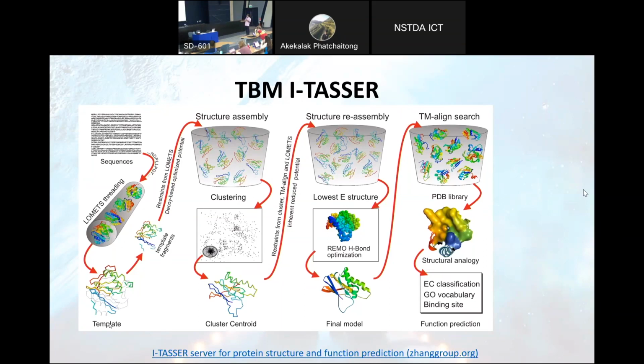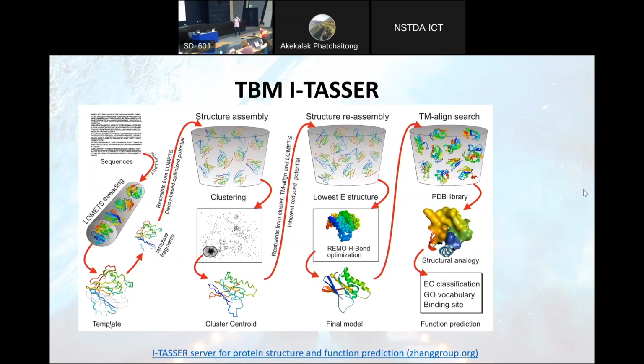If there is a big cluster with similar structure, then that's probably your answer. You take the center of that cluster. Now remember, at this time it is not relaxed because you just combined different fragments together. So then you can reassemble them to relax them a little bit. That means energetically you relax them and you take the minimum structure, add hydrogen bonds and so on.